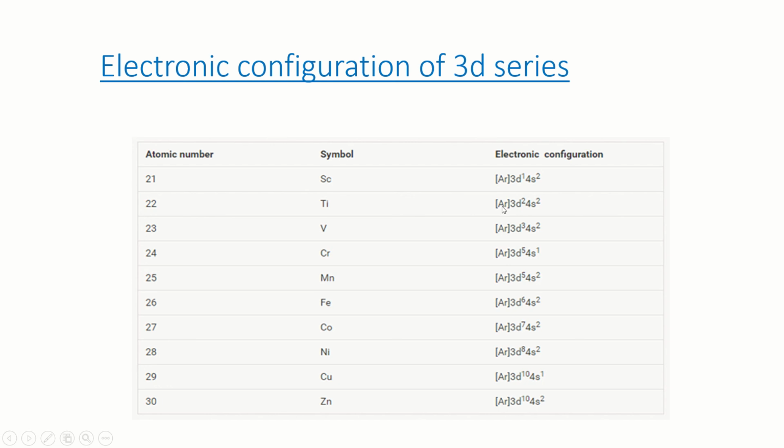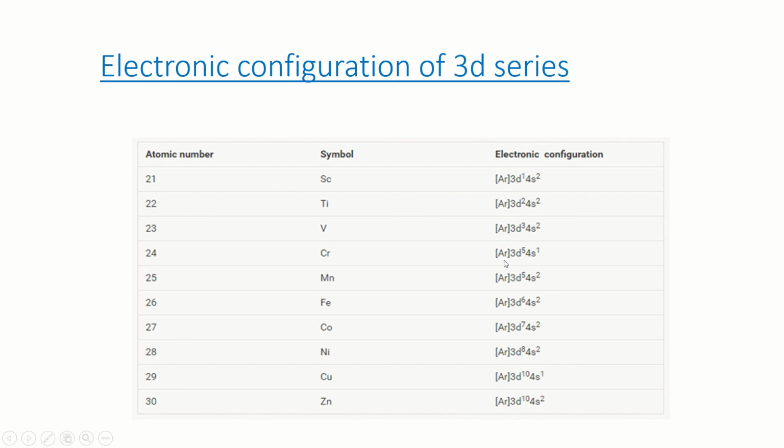Then titanium is 3d2 4s2, vanadium 3d3 4s2, chromium 3d5 4s1, not 3d4 4s2, manganese 3d5 4s2, iron 3d6 4s2, cobalt 3d7 4s2, nickel 3d8 4s2, copper 3d10 4s1, not 3d9 4s2, and zinc 3d10 4s2.